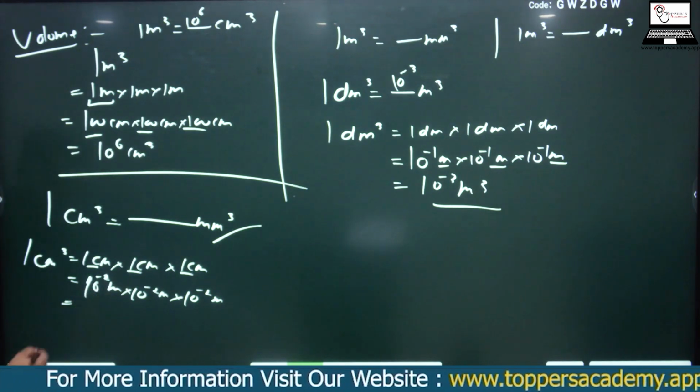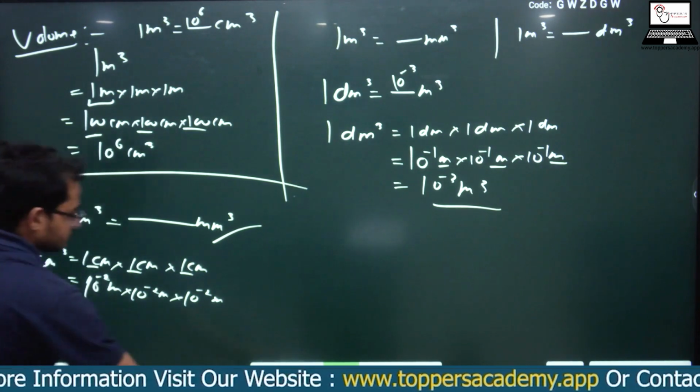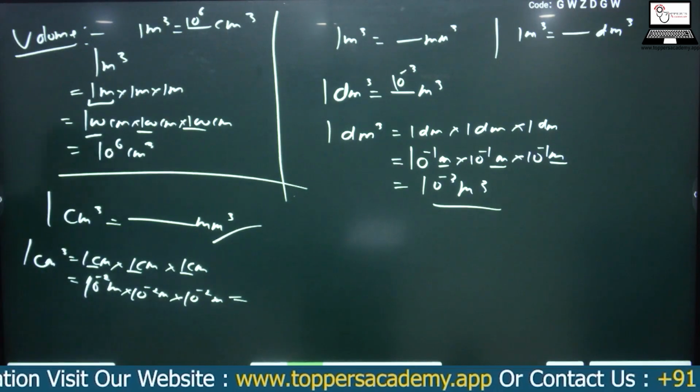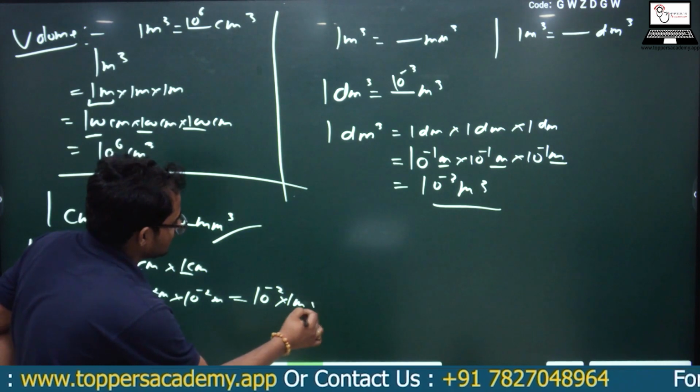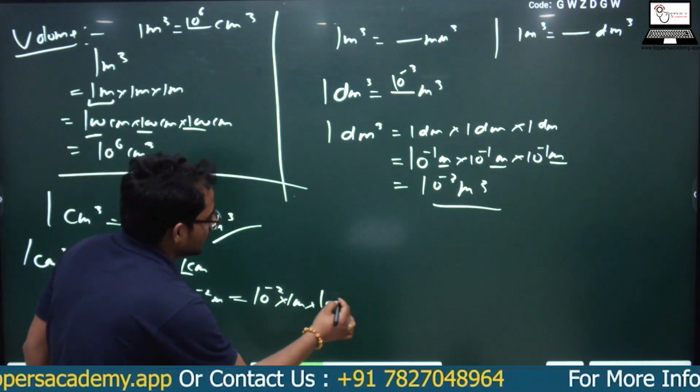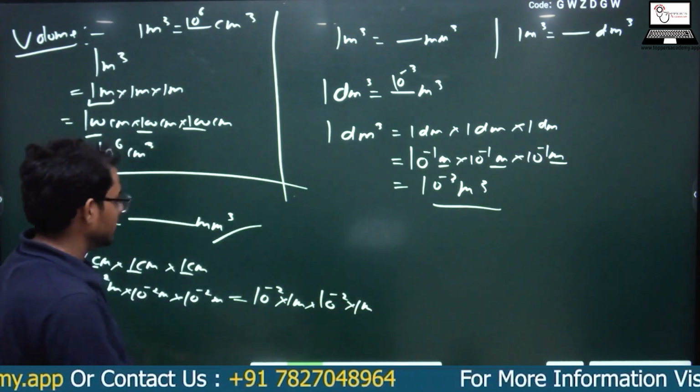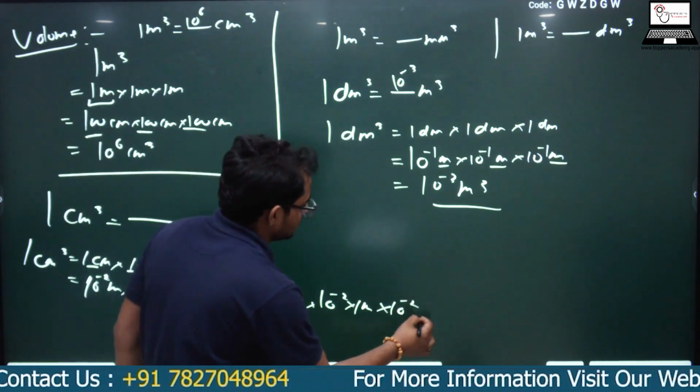My dear students, listen. In place of this, I can write 10 to power minus 2 into 1 meter, because I can multiply by 1 to any value.